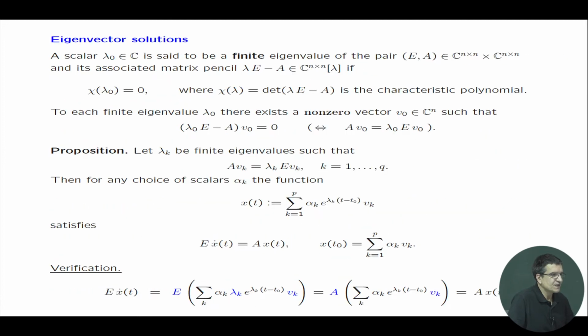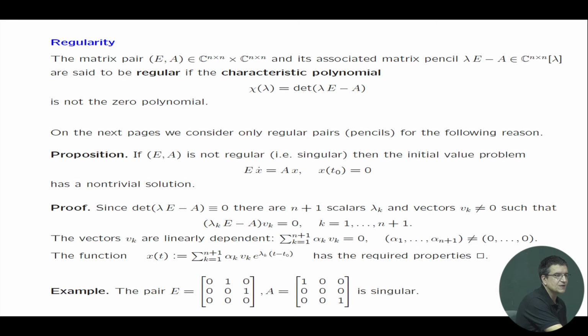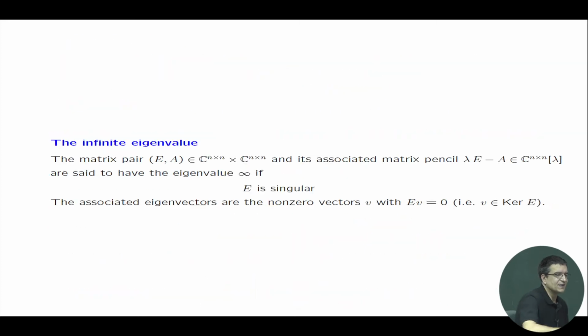Okay, on this slide here, I defined finite eigenvalues of this pencil or matrix pair. There may also be an infinite eigenvalue. And what is an infinite eigenvalue of that pair?